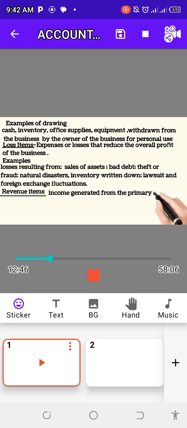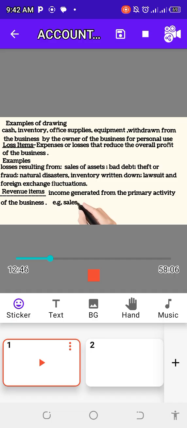That is, all these incomes generated from the primary activity of the business are all revenue what? Items. Examples: you have sales revenue from sales, service revenue for services rendered, and you have interest on bank deposits.